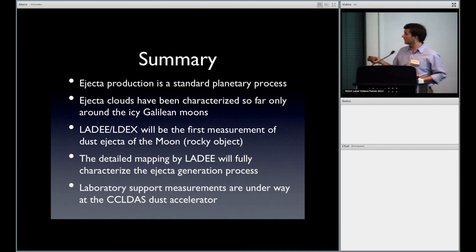And LDEX will be the first measurement of dust ejecta around a rocky object, around the moon. Since we'll be doing this from orbit, we will have a full characterization of the ejecta generation process from the altitude profile. And then we have laboratory support measurements going on at the dust accelerator. Thank you.